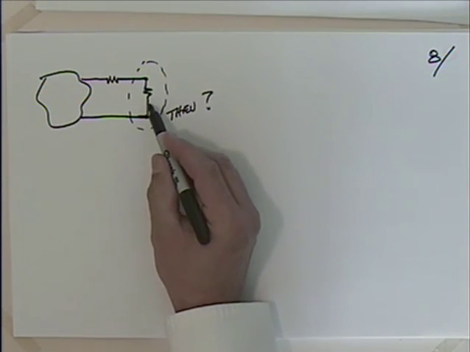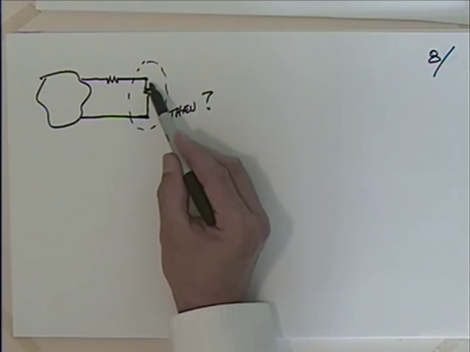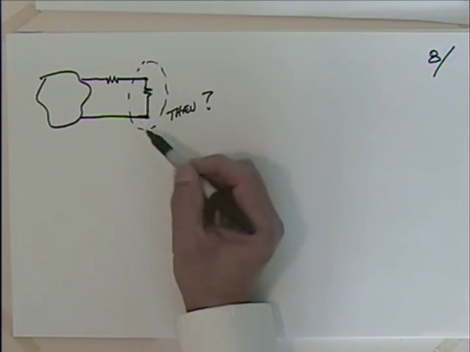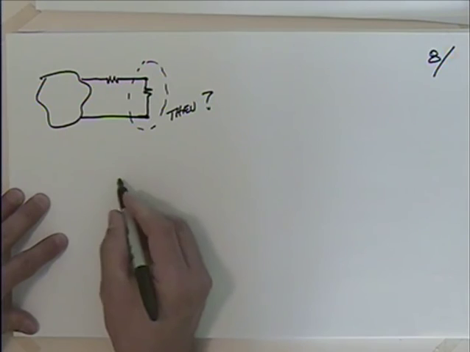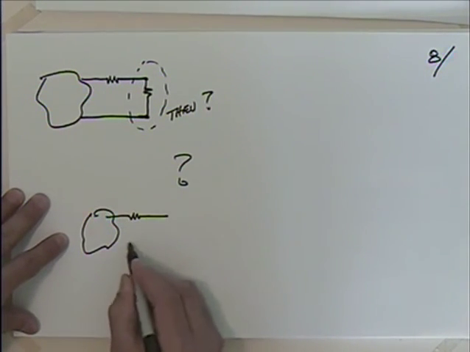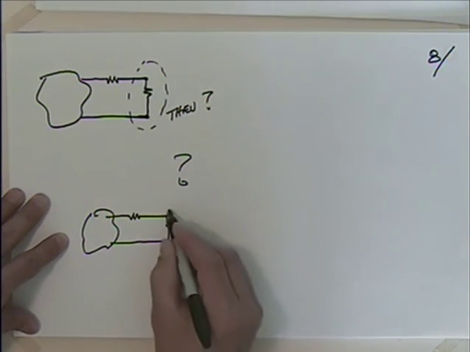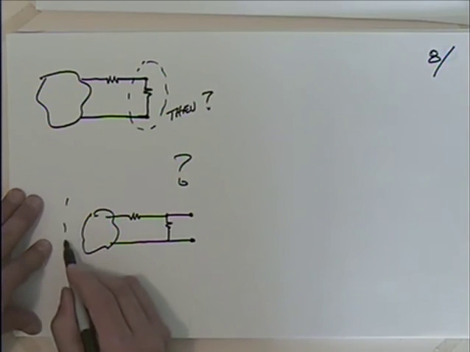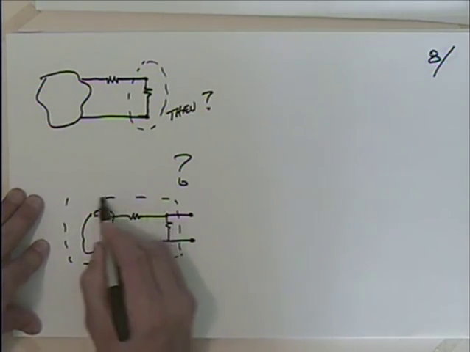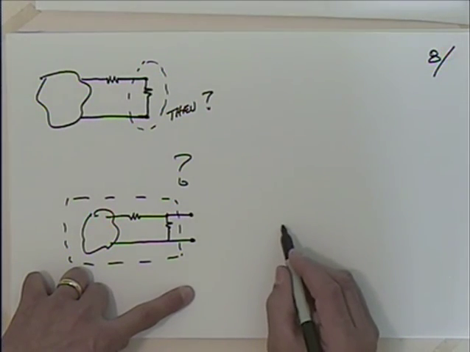Am I trying to come up with a Thevenin model that has that resistor, or am I trying to come up with the Thevenin model that does not include that resistor? So the question is, are you trying to build the Thevenin model of this, or we're trying to model this, and this would obviously just be some other circuit elements, or are you trying to build the Thevenin model for this?